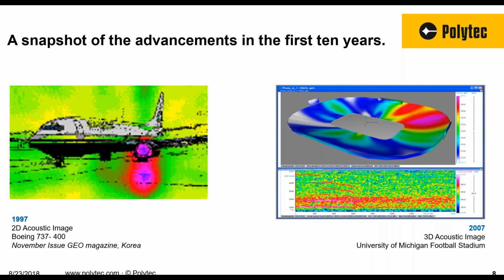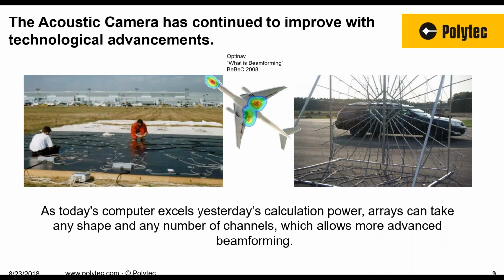But as time moved, technology gets better. We're now able to map, for example, in this image on the right, in 3D spaces. This is at a University of Michigan football stadium. You can see the student section on the right, with the spectrogram on the bottom showing all the impulses that we were measuring during this measurement.